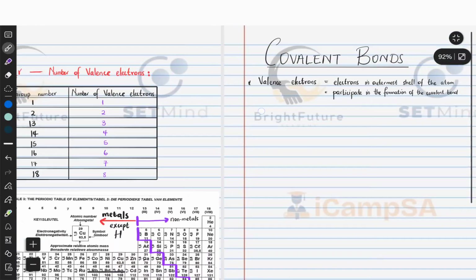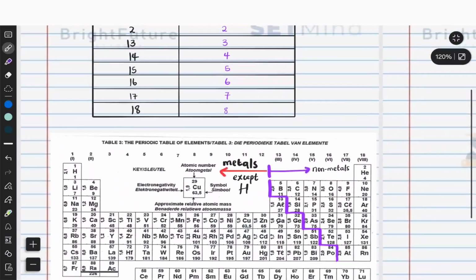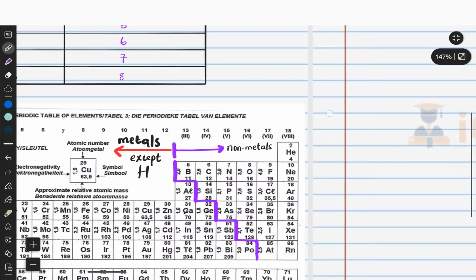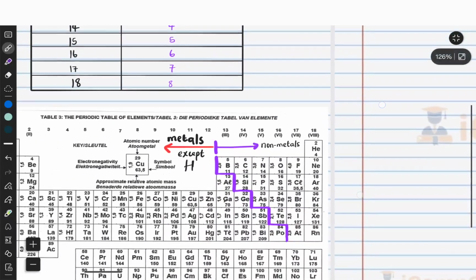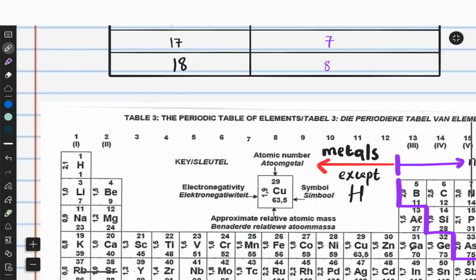So now let us remind ourselves of what we mean by valence electrons. Like we said, valence electrons are in the outermost shell of an atom, right? So how we find them, we come to the periodic table.